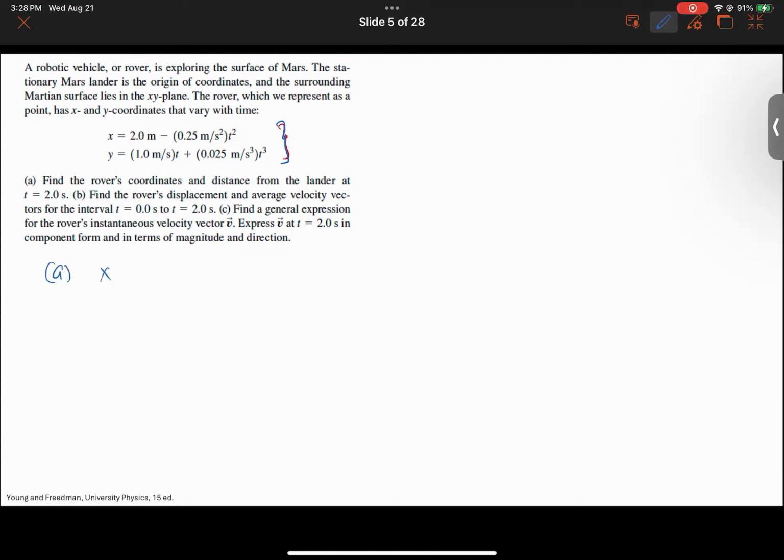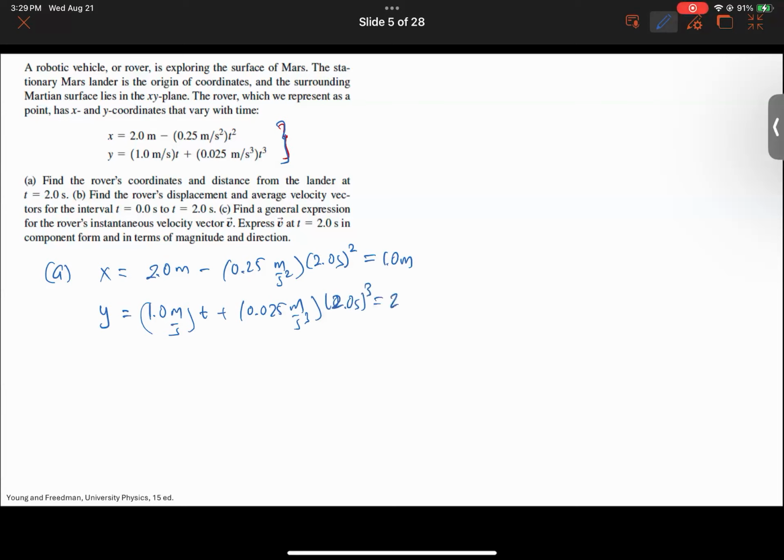So for letter A, we use your expression for x, which is equal to 2 meters minus 0.25 meters per second squared times 2 seconds squared. This will give us 1 meter. And then for y, which is 1.0 meters per second times t plus 0.025 meters per second cubed times 2 seconds cubed, and this gives us 2.2 meters.